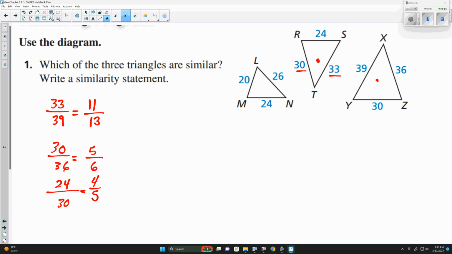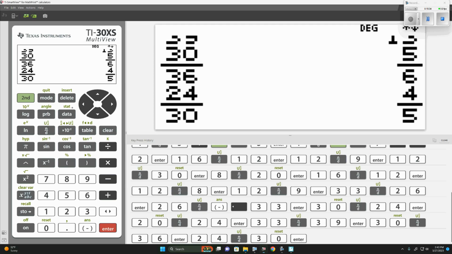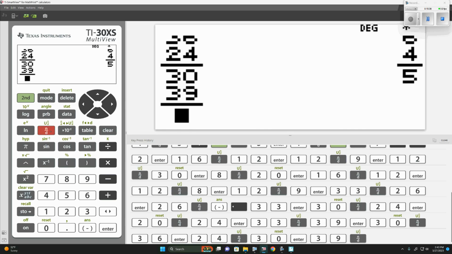Those aren't similar. So that leaves us with LMN and XYZ. So we can check it to make sure. So I could say 39 over 26. That's going on 39 over 26 is 3/2.